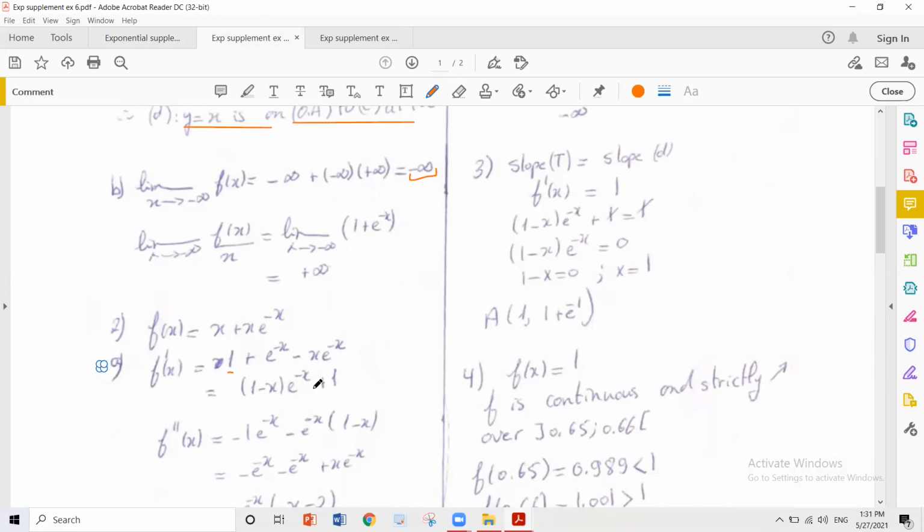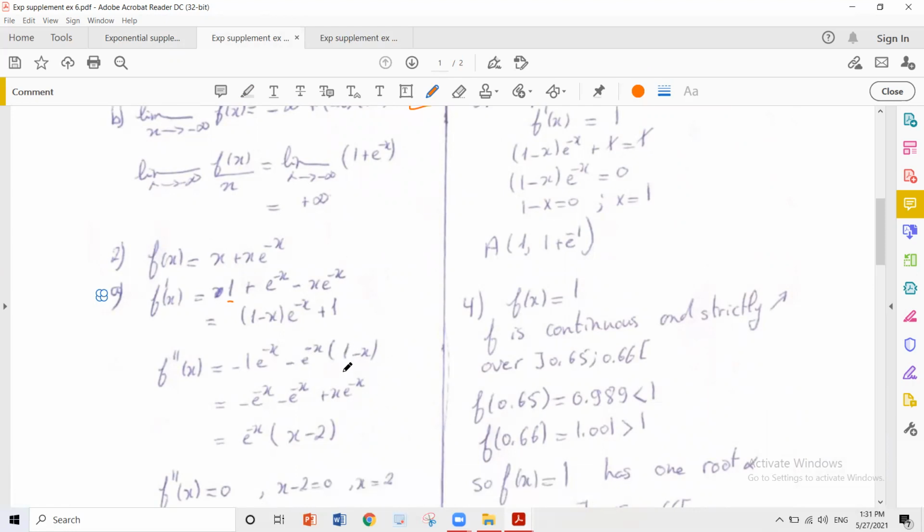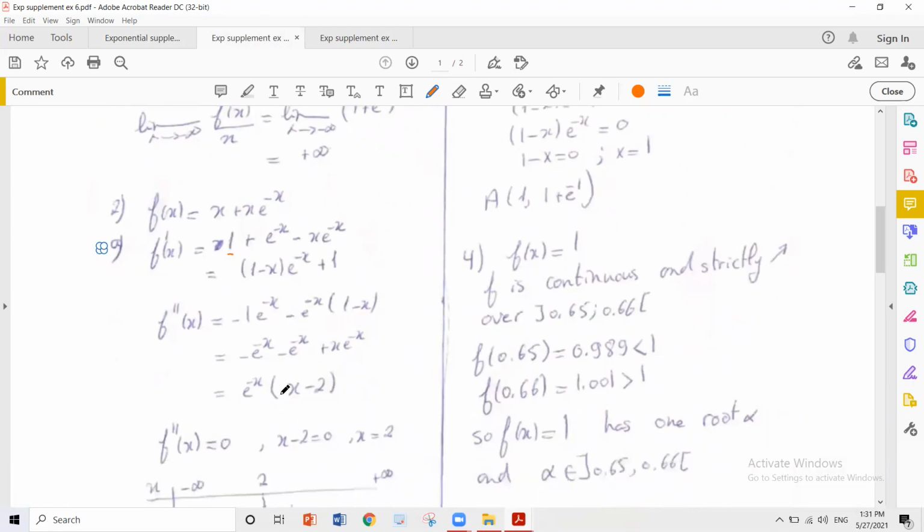So f prime is 1 minus x e^(-x) plus e^(-x), that is e^(-x)(1 - x) + 1. Second derivative: e^(-x) times x minus 2.